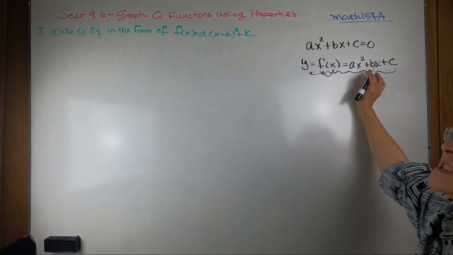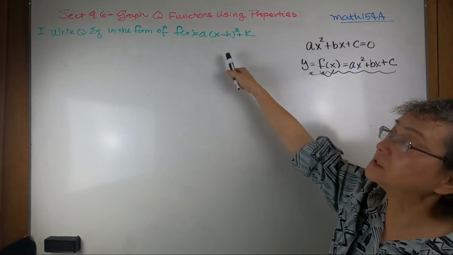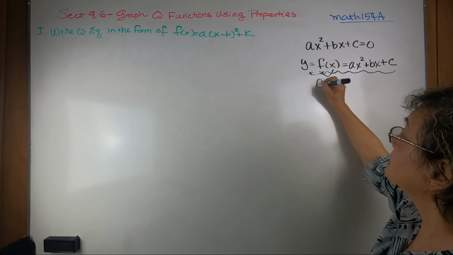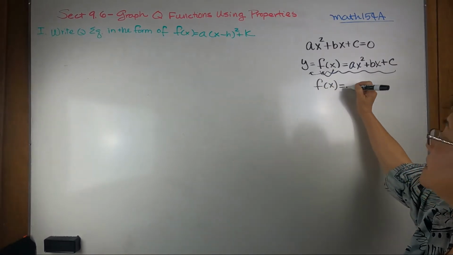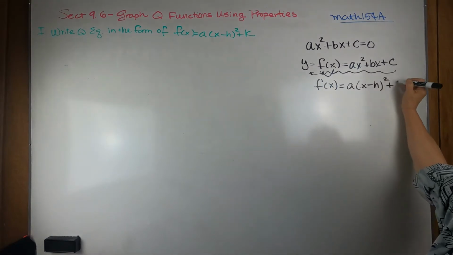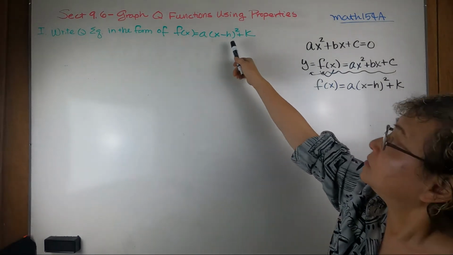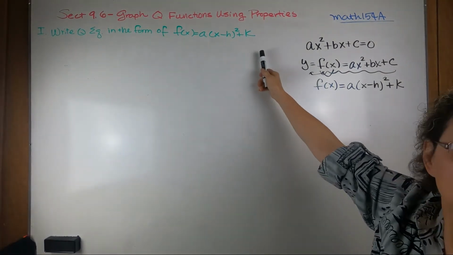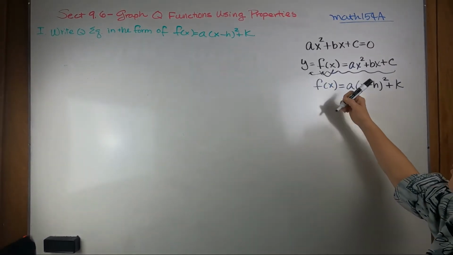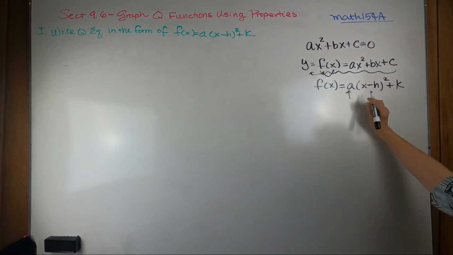But in the previous section, we talked about 9.7 before 9.6. In 9.7, we wrote it this way: f of x equals this, right? And when we write this style of the quadratic function, it has an a here, right?